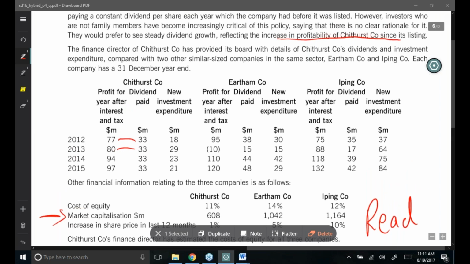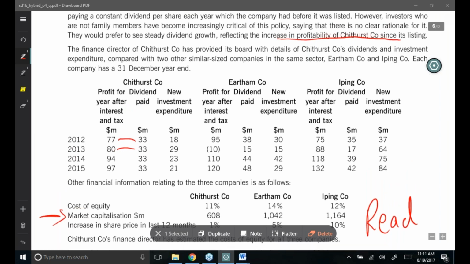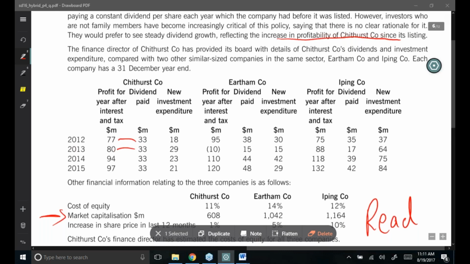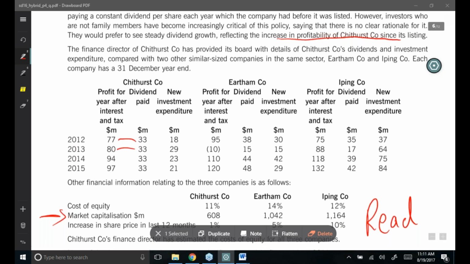Let's suppose this company is paying 33 million dividend out of 77. That means its payout ratio is almost 42.9%. And in the second year, its payout ratio is 41.25%. So that means out of 77, this company is paying 33.